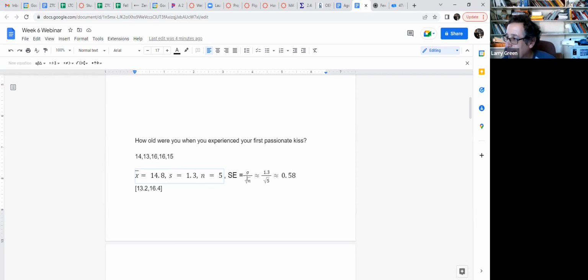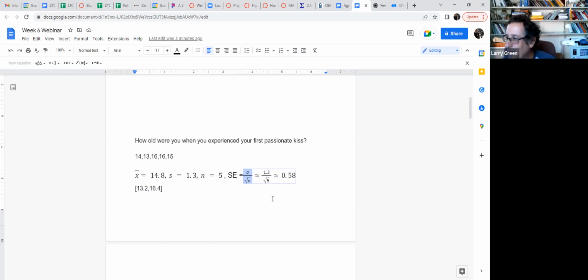And what he did, and this is something I'm not going to get into, but I'm going to just tell you what he did quickly, and that is he did some very intense mathematics. He adjusted the normal distribution with some hard math and created a new distribution that handled the problem of using S instead of sigma.